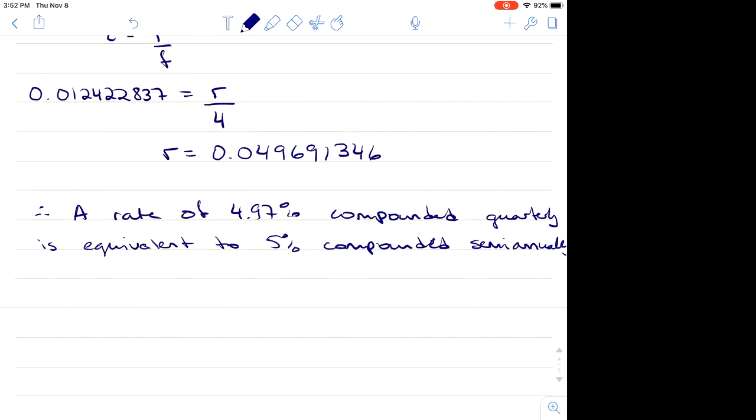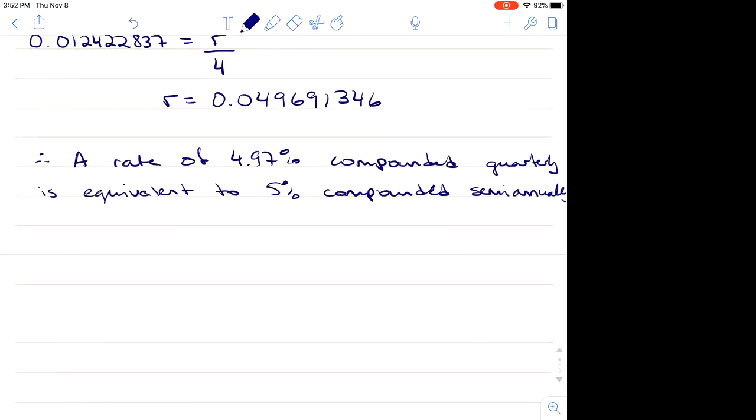Okay. So just like before, we have the special case where we're moving from continuous compounding, right? Continuous compounding, there is no F1. So then we have to have a special case, right?